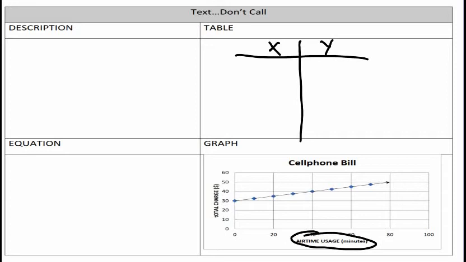So it would be totally fine to also state that this is the minutes, and that y is representing here the total charge or the total cost of your cell phone bill. So I'm just going to write that over here, total charge. And now we go about filling in the table of values.